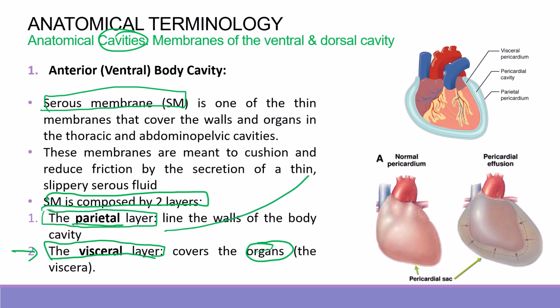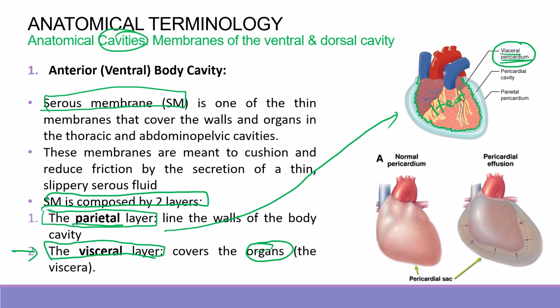If we look at the picture of the heart, this specific layer that I'm coloring here in green is what we call the visceral layer, or in this case, the visceral pericardium. It is the innermost, the layer that is touching the viscera, in this case, the heart. That's why it's called visceral.